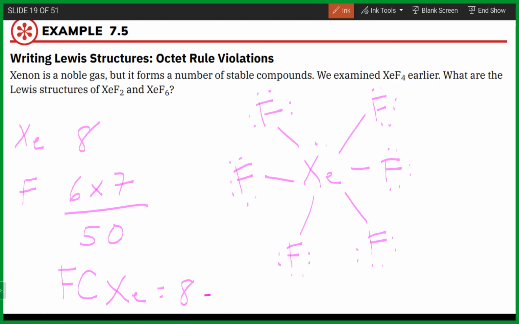Again, 8. In this case, it's only got 2 electrons on its own, but then it's 1/2 of the bonded electrons. It's sharing 12 electrons between all of those different fluorines. So again, we're going to see the formal charge of xenon, in this case, by expanding that octet, is going to be 0. It's just we're expanding it in a different way than we did in the previous example with only 2 of those fluorines.